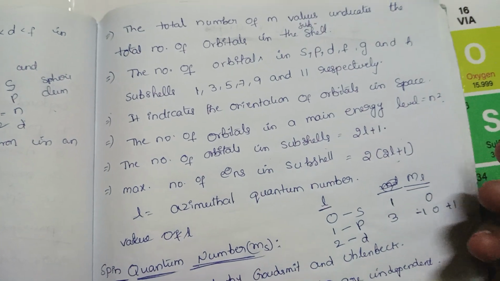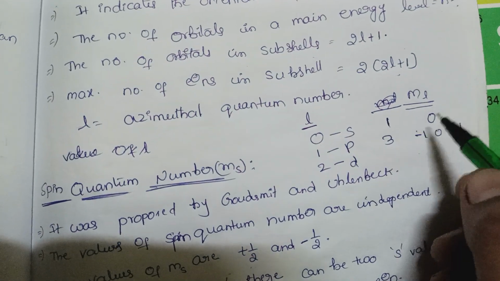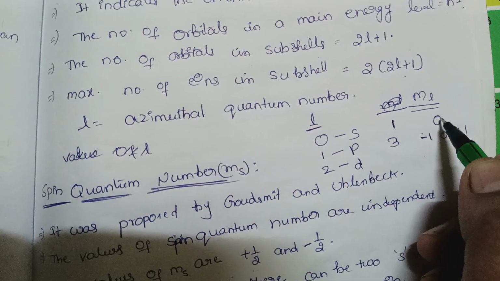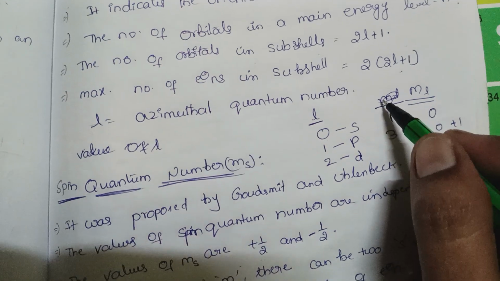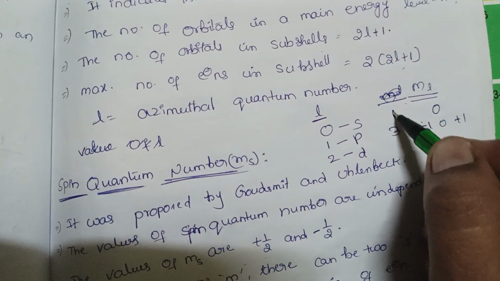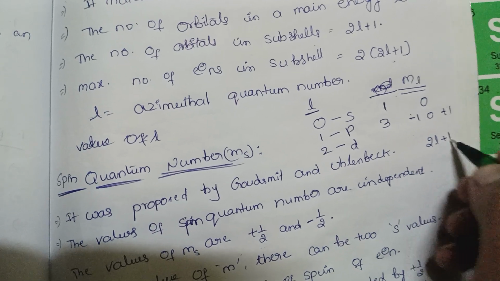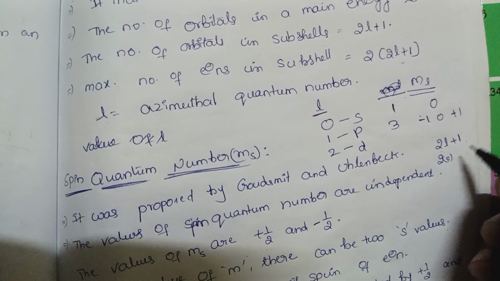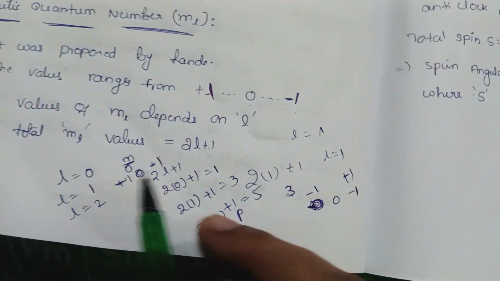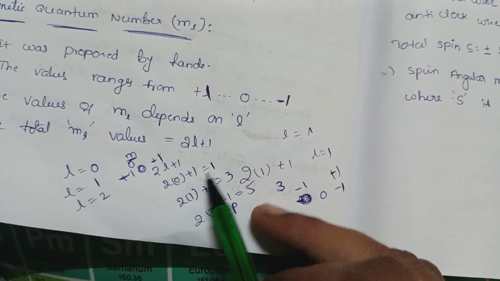It means that if the L value equals 1, the m values are here. To calculate the m values, the formula is 2L plus 1, right? If L is 0, 2 into 0 plus 1 equals 1.